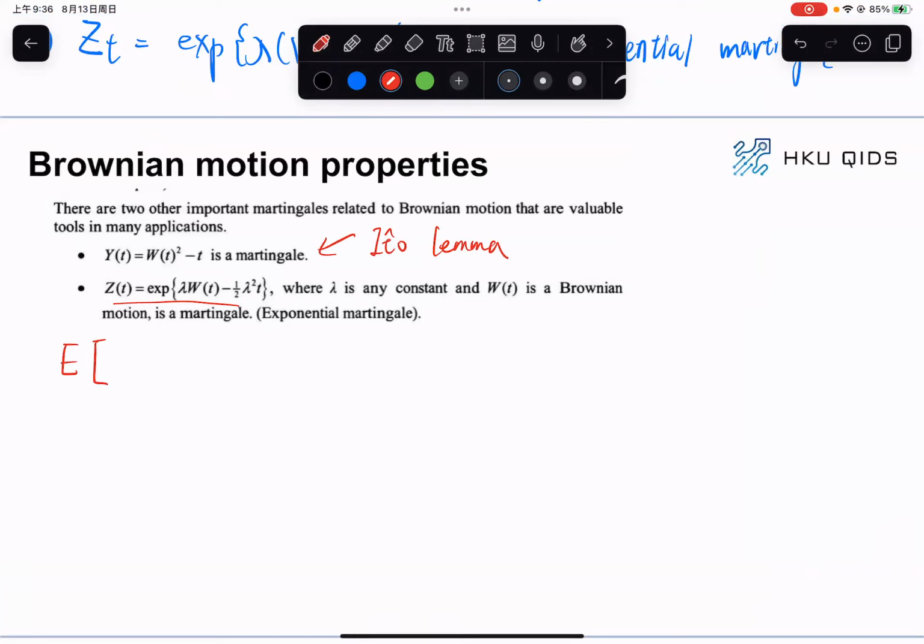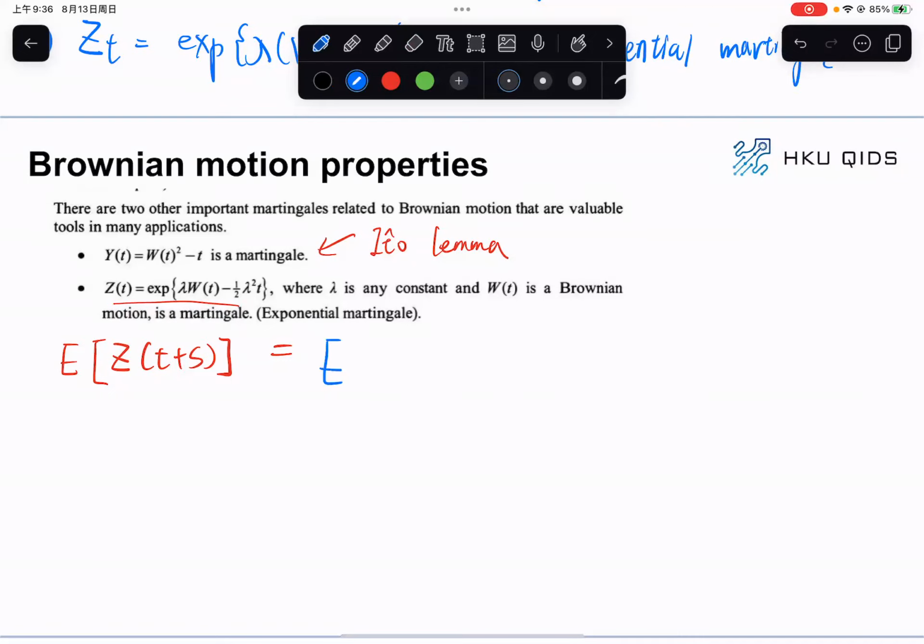We just need to show that the expectation of Z_{T+S} is going to be the same as Z_T, then it should be a martingale. So how do we prove that?